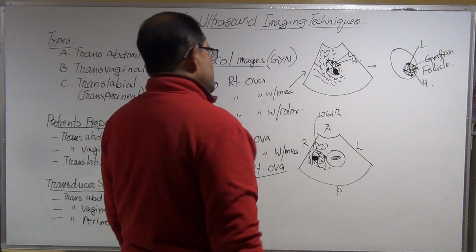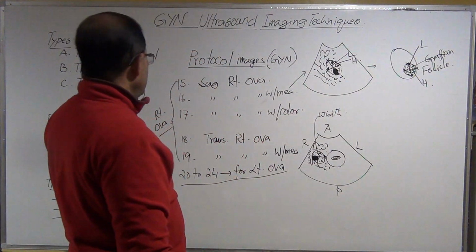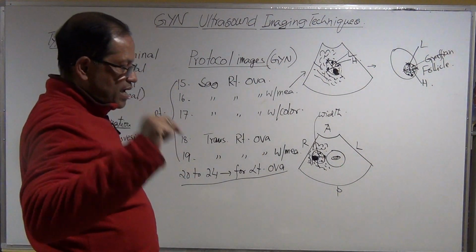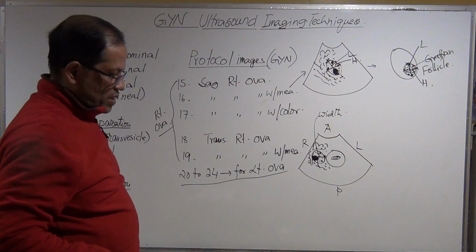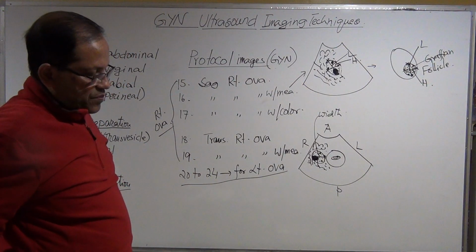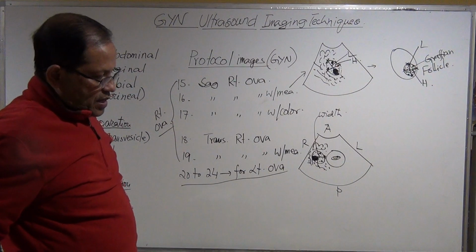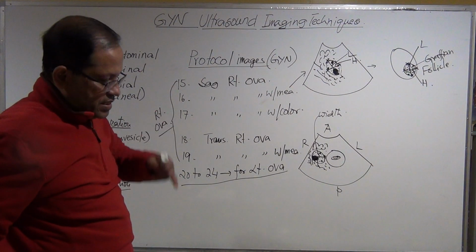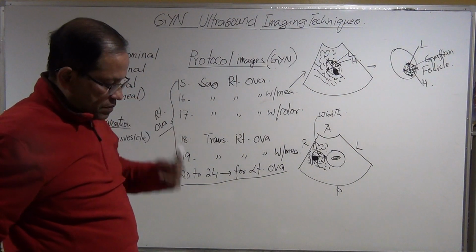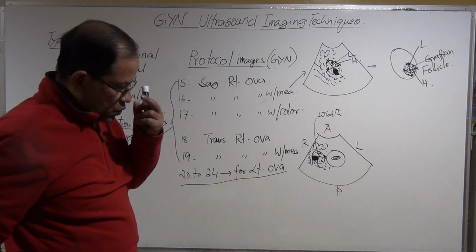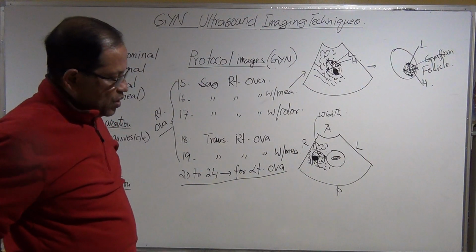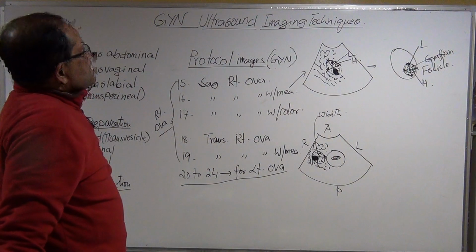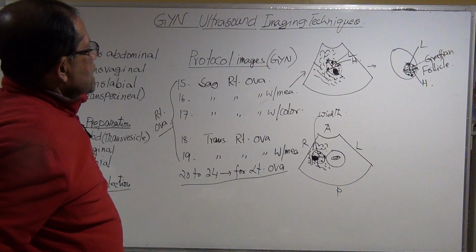But the arterial Doppler is more important. Make sure you write down the correct LMP. Sometimes the patient does not understand the LMP, so verify it and recognize that this is the true LMP, and write the date on the corner of the image. So these are the protocol techniques.